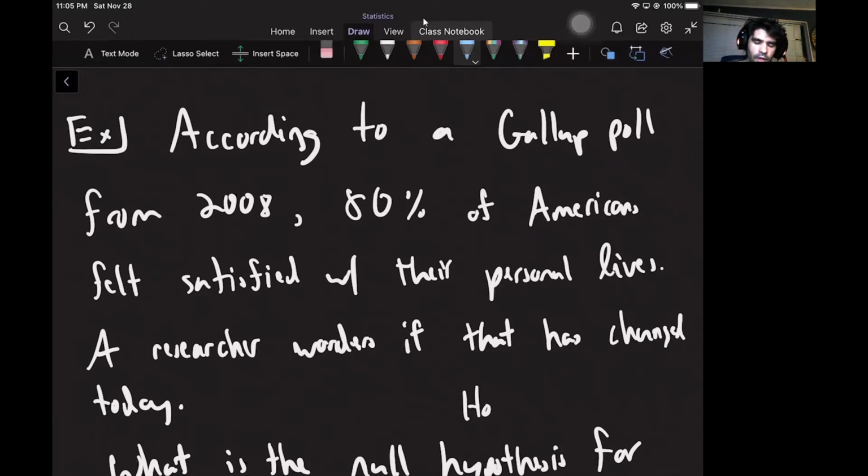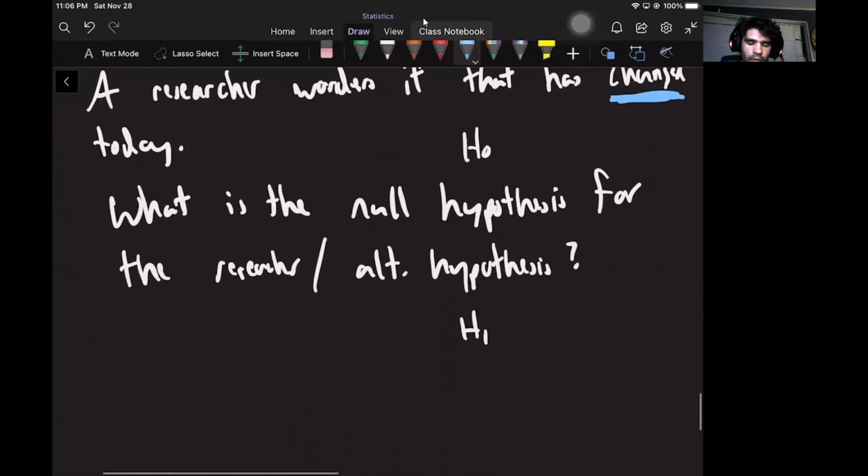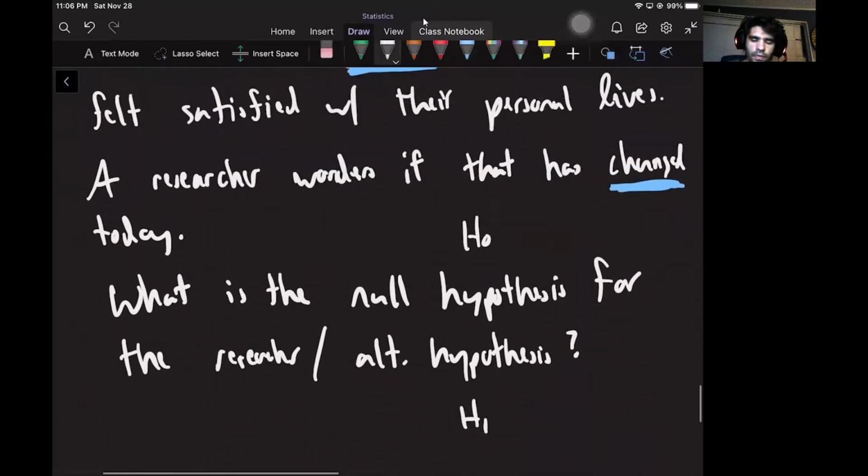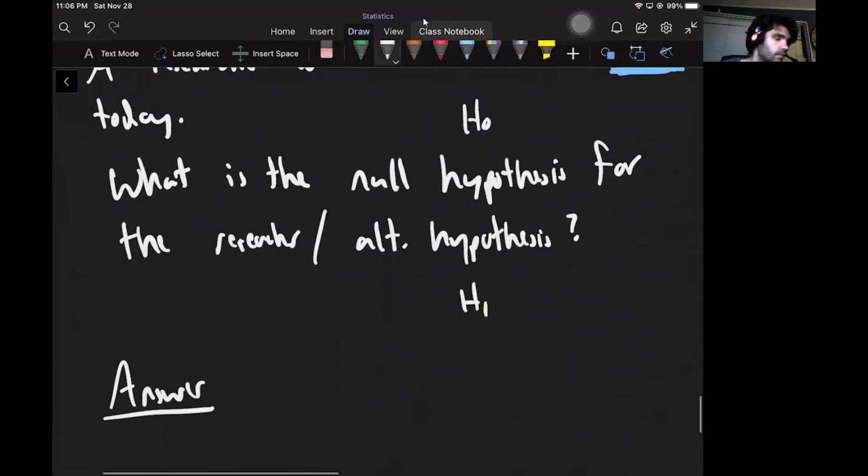So what's going on is that the researcher is wondering if things have changed since 2008, where 80% was apparently the correct proportion of the population that had this property. So to answer what the null hypothesis is, it's just going to be 80% or 0.8.